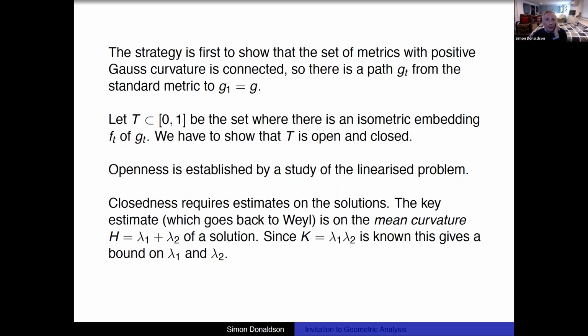So let's have a path of metrics with positive Gauss curvature. Then, following the same sort of procedure as before, we can consider the set of parameter values for which there is an isometric embedding, and we want to show that this is open and closed.